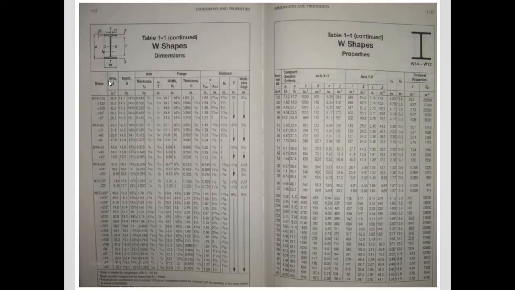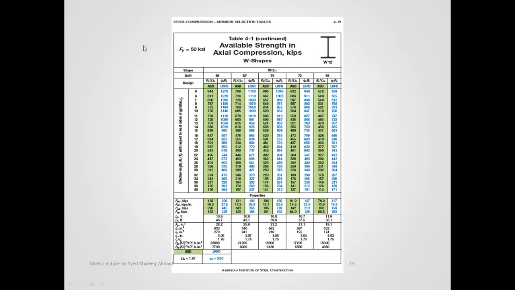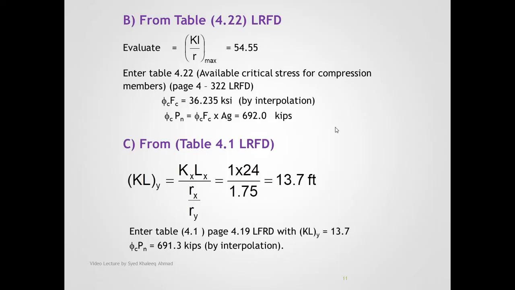We are here at W12x65, and we look at these two values and do interpolation as we have done in the previous two cases. This gives us a value of 691.3 kips. But here you have to be careful that you have to find KLy with reference to this formula.